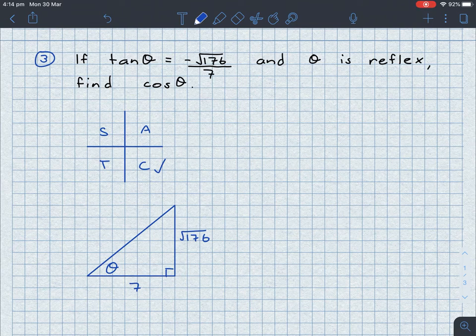And then I will work out my hypotenuse using Pythagoras: the square of one short side plus the square of the other, and I'm going to find the square root of that. That works out to be 15 when I put that in my calculator. If it wasn't a square number, then I would leave it as a surd. So cos theta, which we already worked out is going to be positive because we're talking about the fourth quadrant, is adjacent, which is 7, over hypotenuse, which is 15.